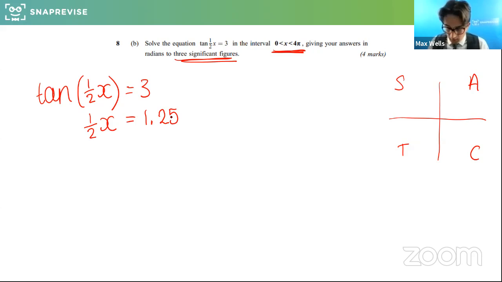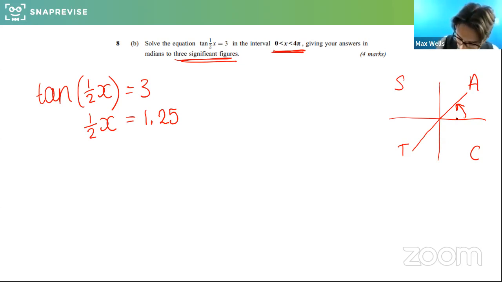Okay. Now, tan is positive here and here, and this is clearly positive 3. So we've kind of been given this value, and it might look a little bit strange because it's in radians. In degrees, that would appear a bigger number, but it's still an acute angle.